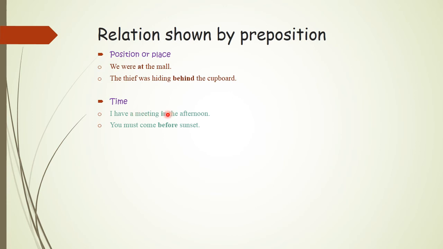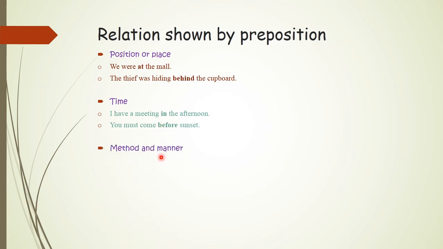In the afternoon. You must come before sunset. So here again sunset is a time of the day and it shows the relation. When should the person come? You must come before sunset.